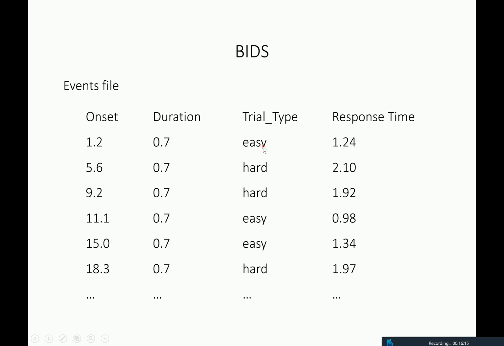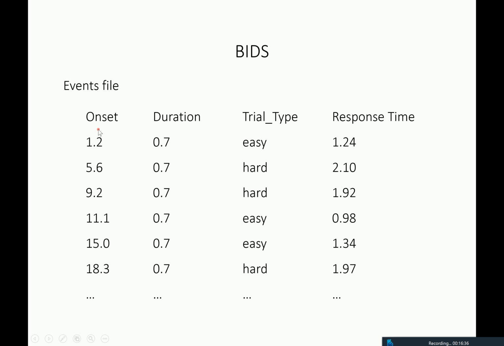So here I just made this up that you have an easy and a hard condition, and then the first thing was easy, and then number 2 hard, and so you get the idea. And here, if you record behavioral data, would be the response types. But essentially, the whole thing here, you have quite some freedom in organizing your data.